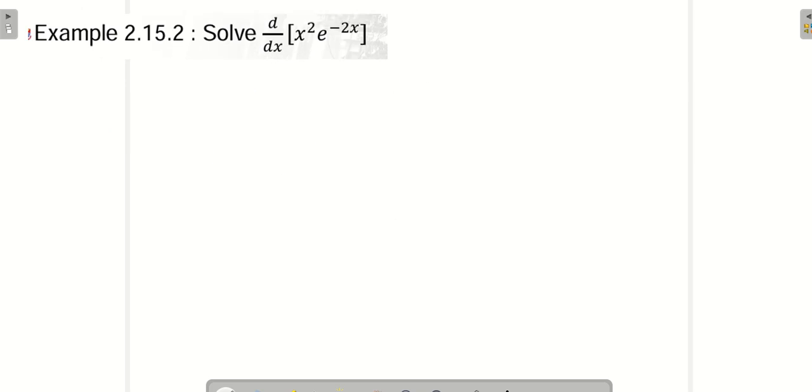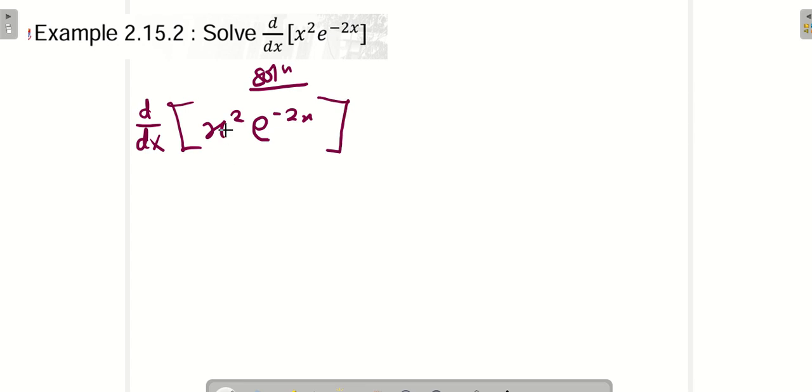Now let's solve this. We have to solve the derivative, or we have to differentiate x squared e to the power negative 2x. We have to differentiate this.